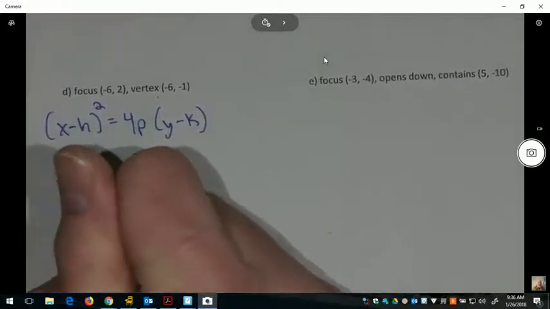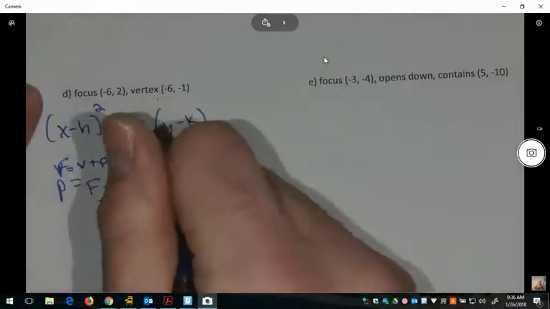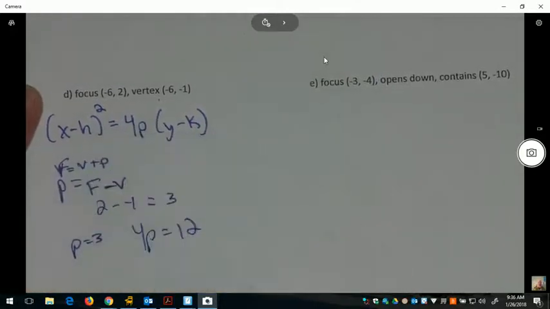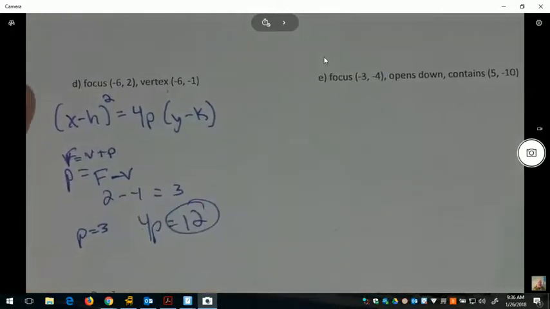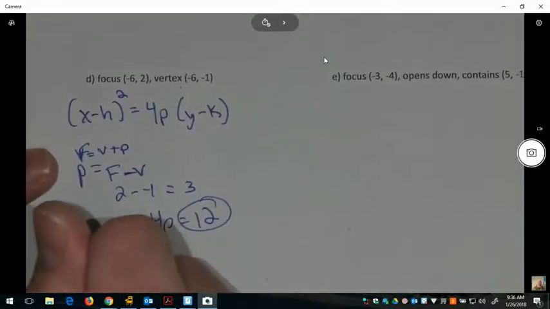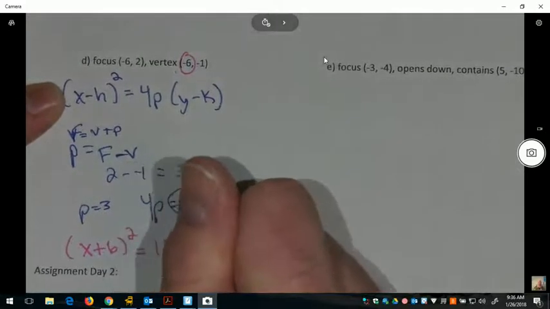What is 2 minus -1? 3. So again, the value of p is 3. So 4p is 12. And so our final equation for this one, since the x is squared, is x plus 6 squared, because minus -6, equals 12 times y plus 1.